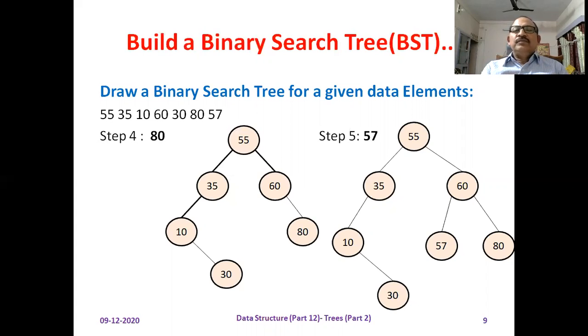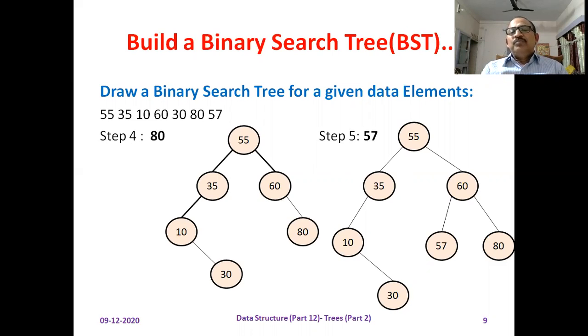Take the next element, and here we can see the next element is 57. Again we will compare 57 with 55. 57 is greater than 55. Therefore, we will go in the right subtree. Again, compare this 57 with the root node of the right subtree of 55, that is 60.